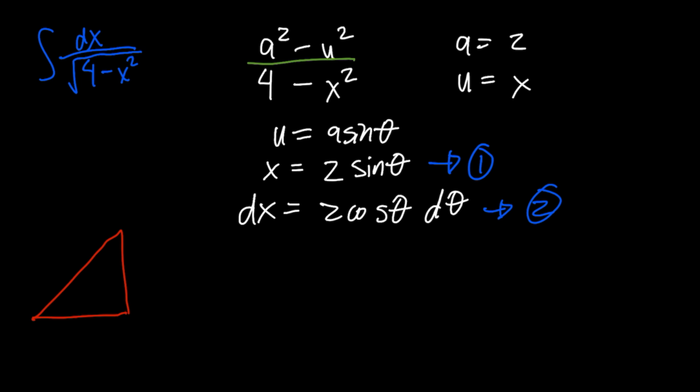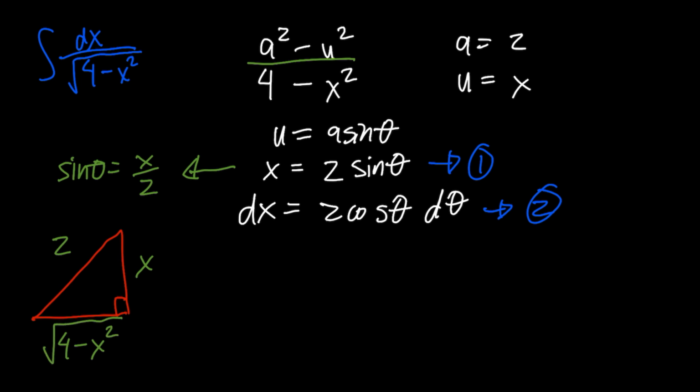Then we're going to make a right triangle here. And let me just rewrite this as sine theta is equal to x all over 2. So x will be going here and 2 will be going here. Then the adjacent will be equal to the square root of 4 minus x squared. So from there we need to find the value of cosine theta.